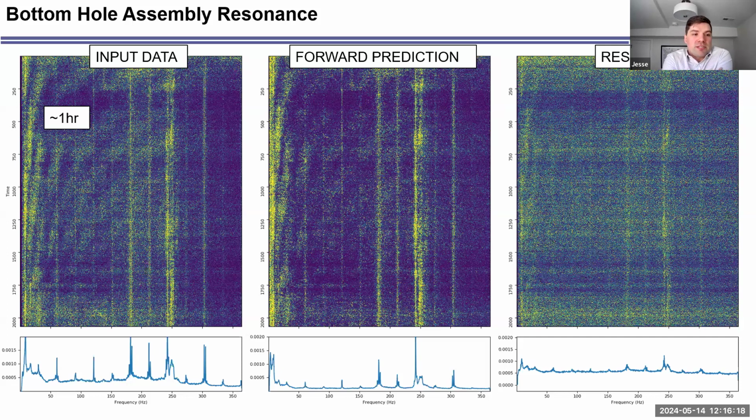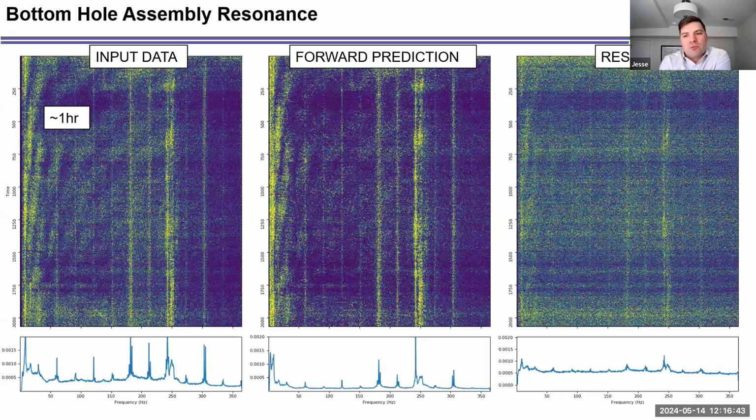What you'll notice in this case, if you look all the way on the left, that's the raw input data. You see a lot of vertical high amplitude streaks. And then probably the other thing you might notice is there's a bit of a fanning response that you can pick out.